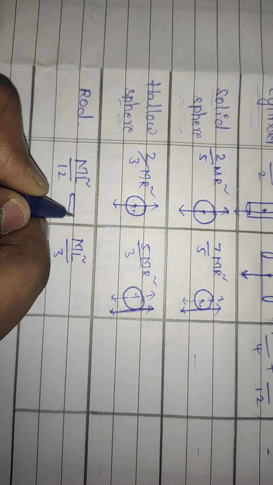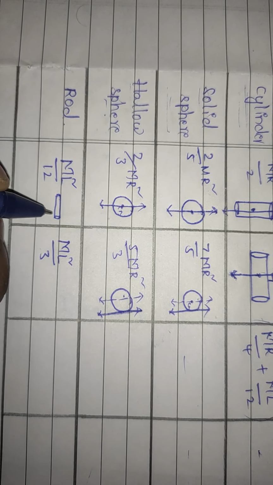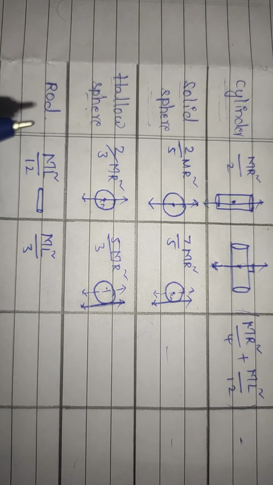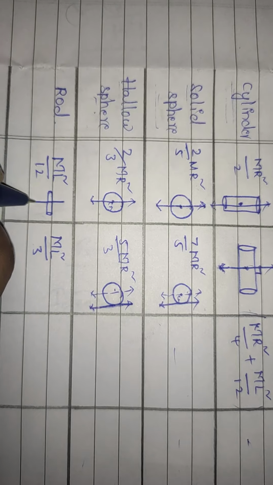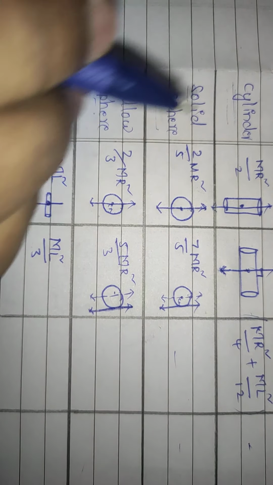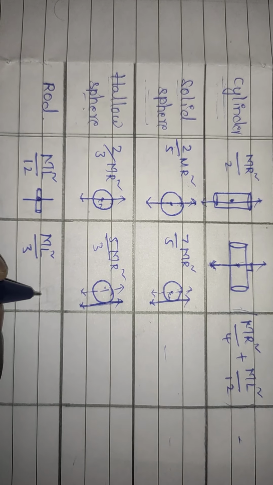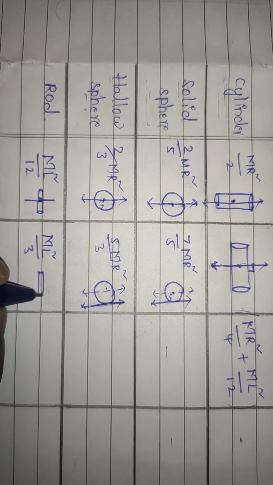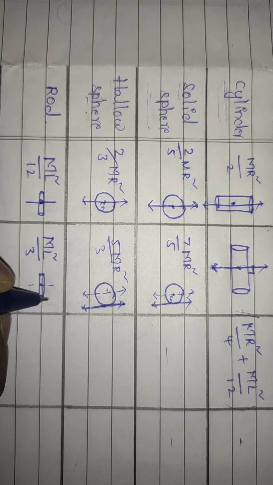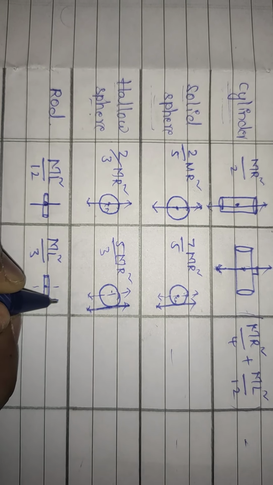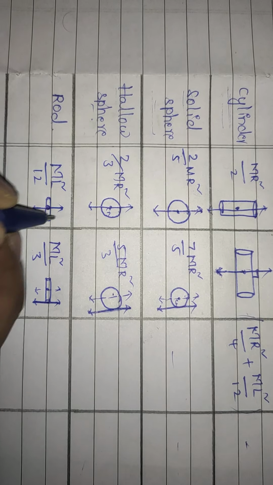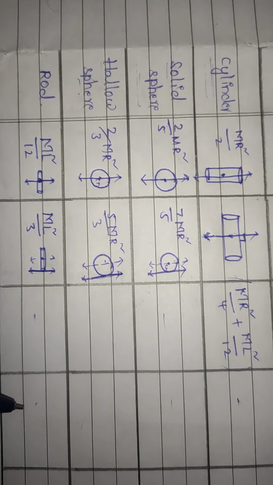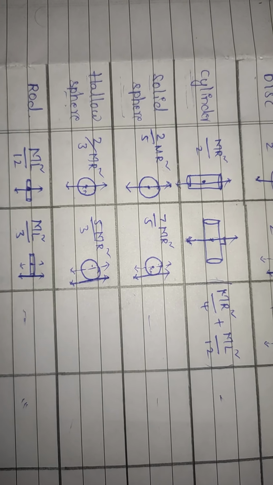Assume this as the rod, axis perpendicular to the plane and passing through the center of mass, means like this, and passing through the end means this is the first axis, and like this. Okay, this is the axis. Okay, these two are not important, we can neglect them.